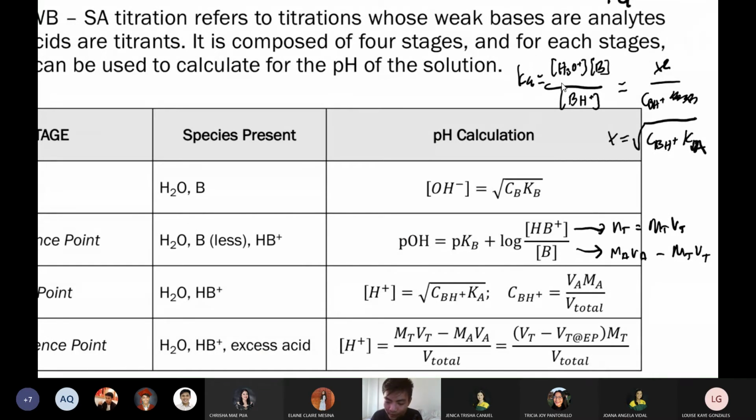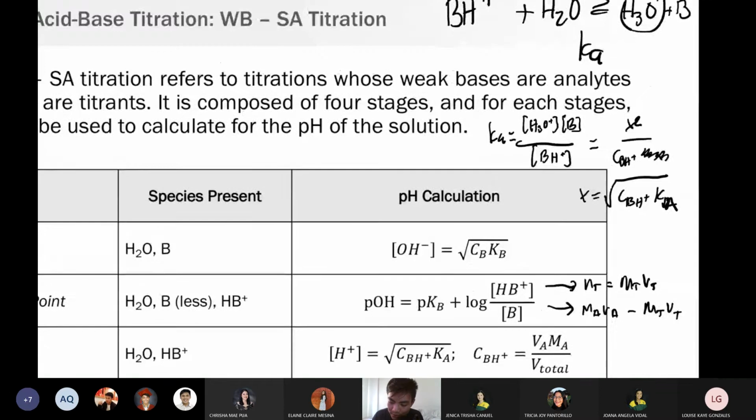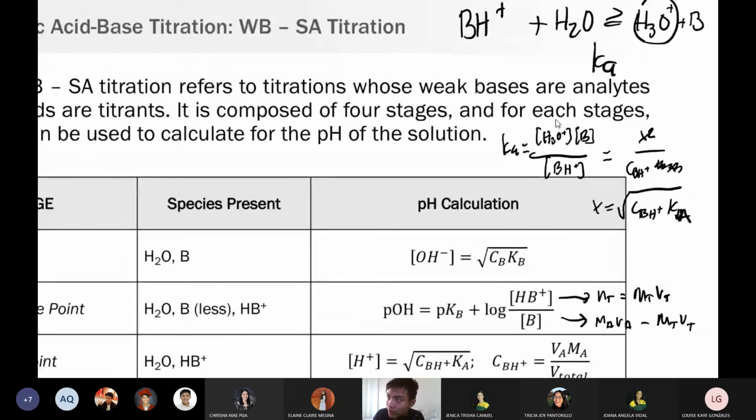Using equilibrium, numerator, denominator, yung water, di mo sasama. The ice table will tell you that these are x values. So x squared divided by the concentration of BH plus minus x.